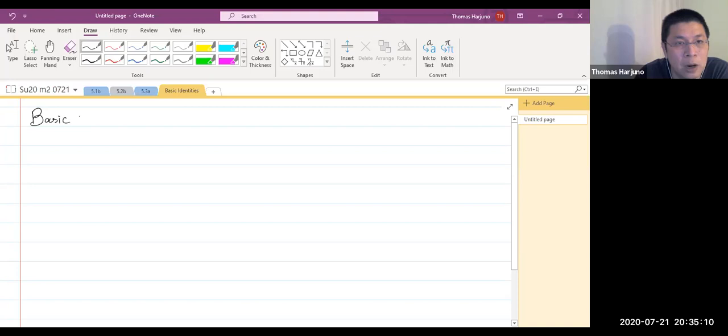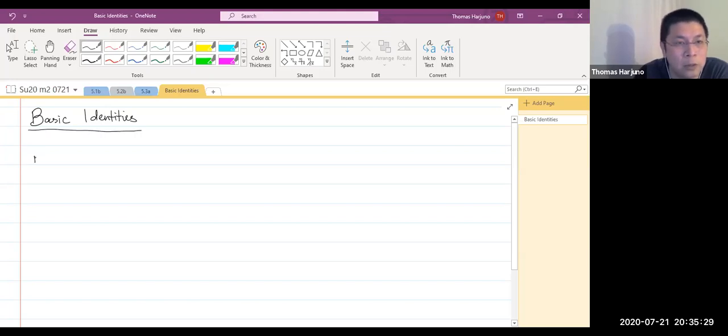This part is so important that I set it aside. Basic properties, or maybe to be more precise, basic identities. That's the right word. Identities. There are 4 basic identities.